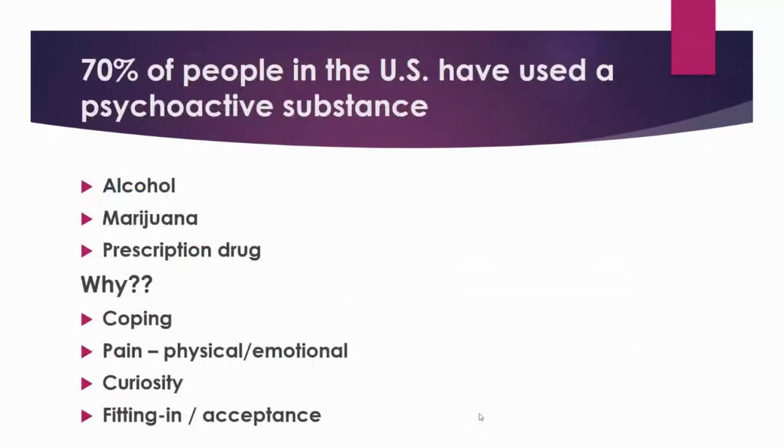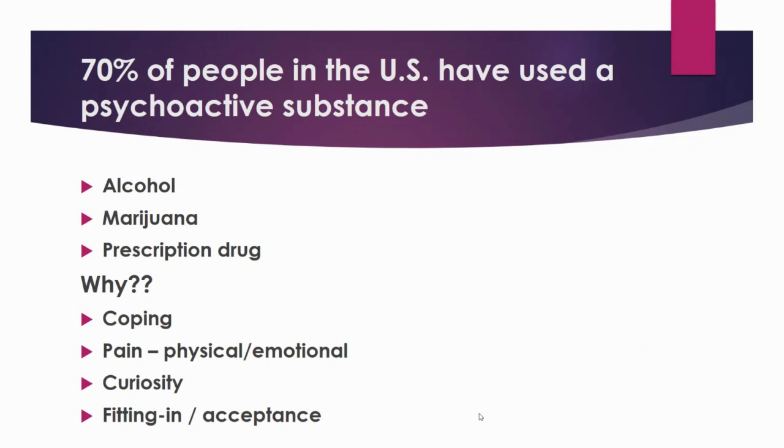However, it does mean that 70% of people in the U.S. have picked up a psychoactive substance. And we know that the first substance that people tend to use is one of these three: alcohol, marijuana, or prescription drugs. Now, we've often heard people talk about alcohol and marijuana in particular being gateway drugs, and, just because I smoke weed doesn't mean I'm going to go on and use heroin.